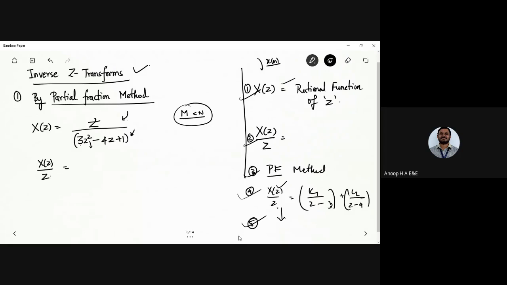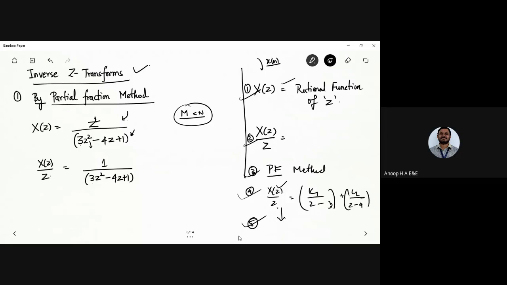Assuming that you know a bit of the partial fraction method, let me not go into detail. So here I have x of z by z as 1 divided by 3z squared minus 4z plus 1.